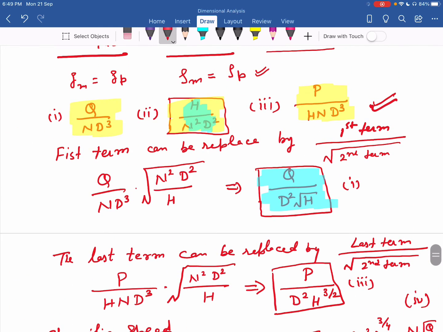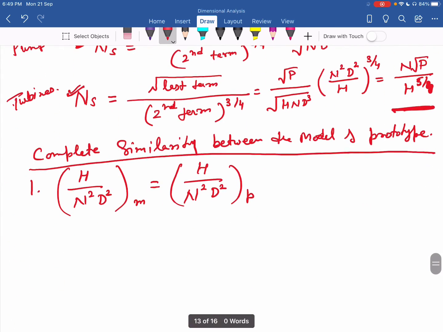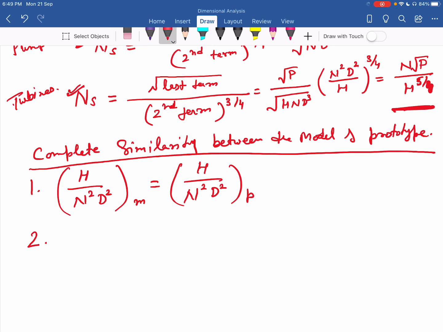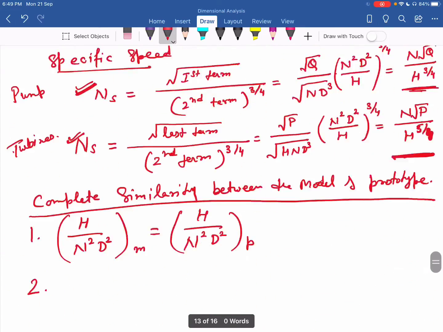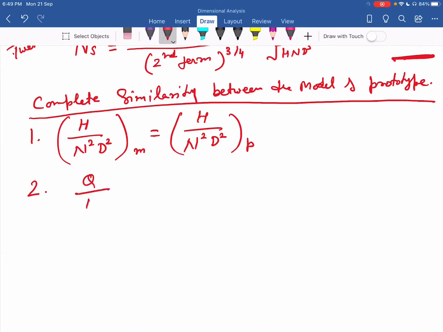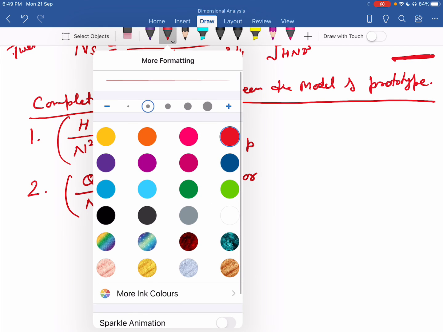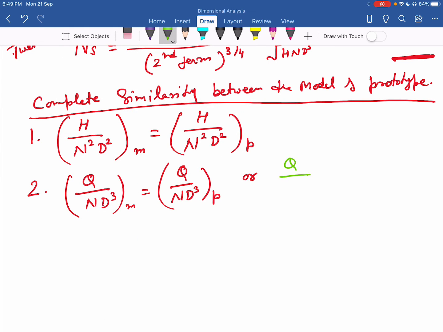That is my equation number 2, my first important equation. Now the second is my equation number 1, my term 1, Q and DQ. Either this term or this term. So I can write Q upon N D cube for model is equal to Q upon N D cube for prototype, or Q upon D square under root of H for model equal to Q upon D square under root of H for prototype.